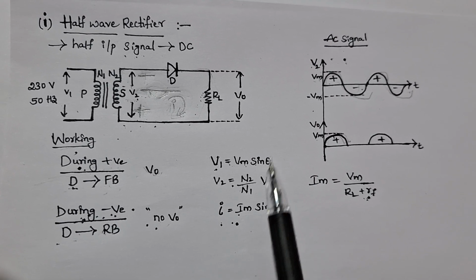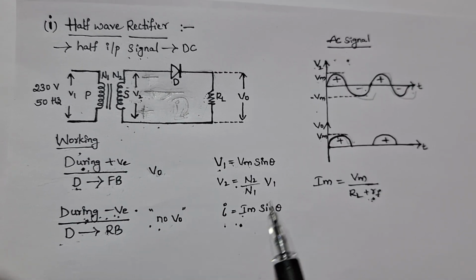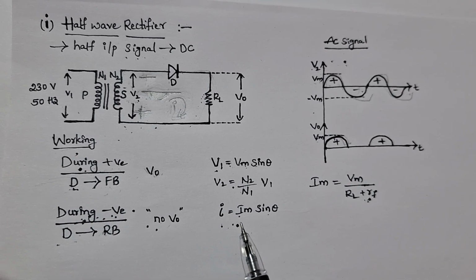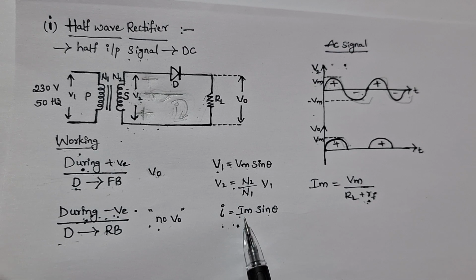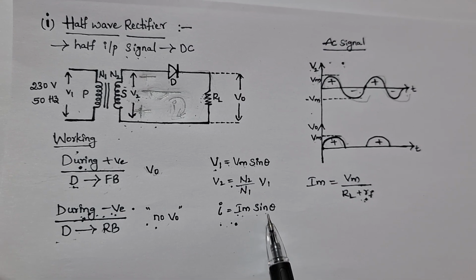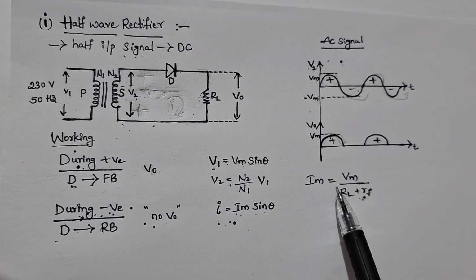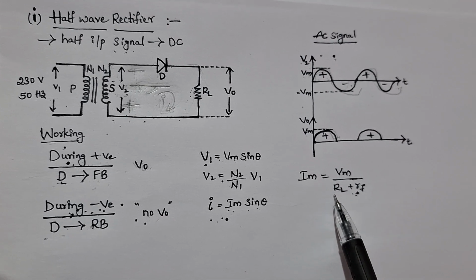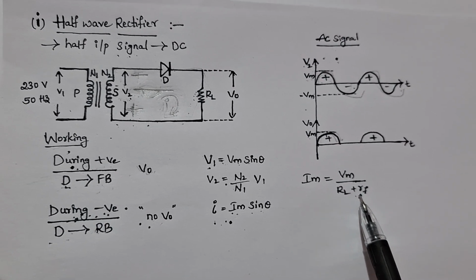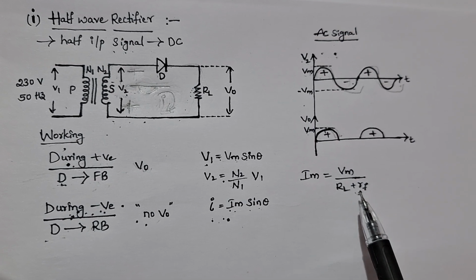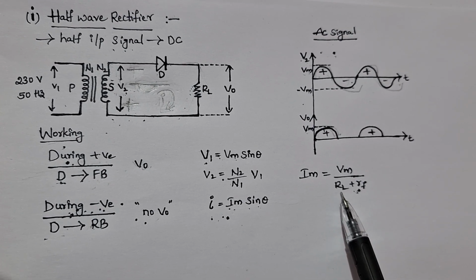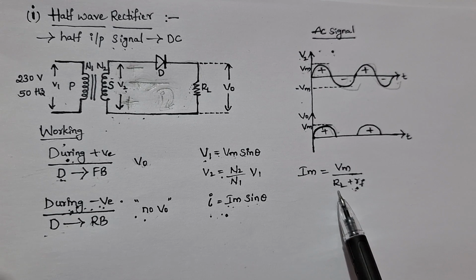During the positive half we will write I equal to Im sin theta, where Im equal to Vm divided by RL plus small rf. The small rf here is a new term.